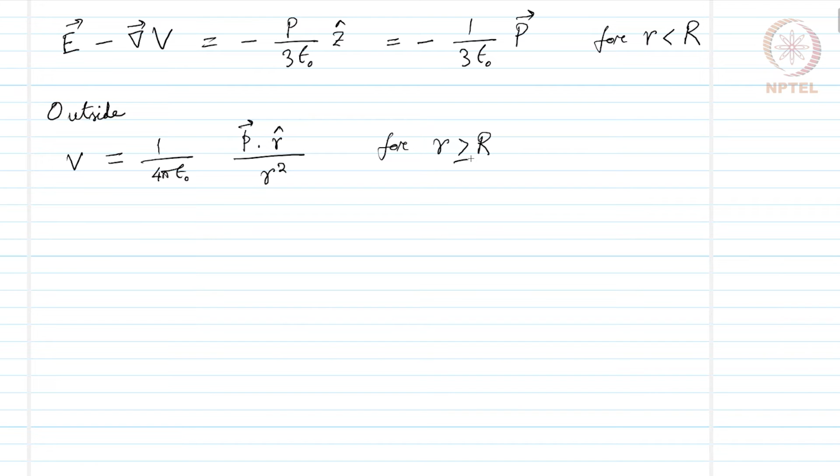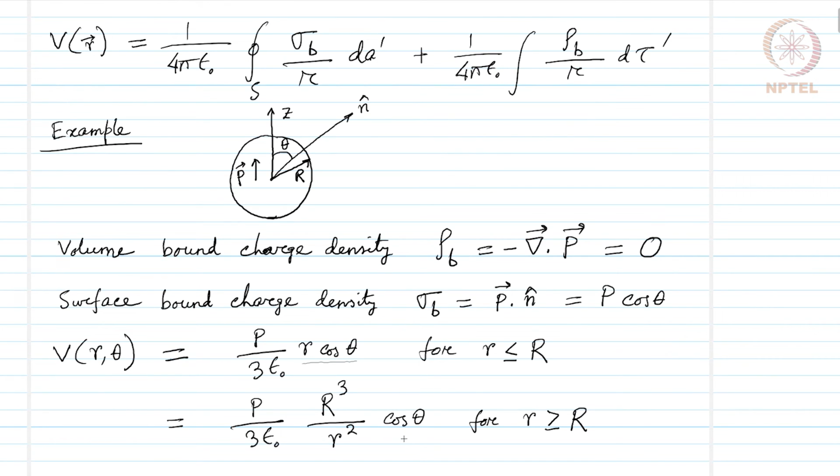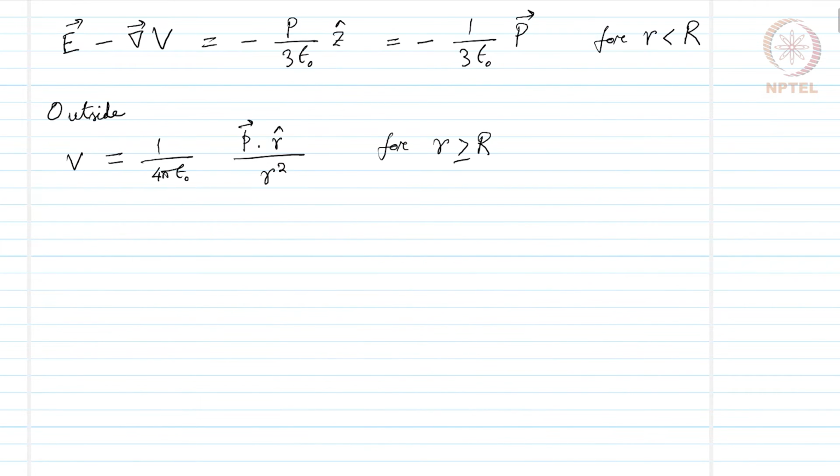If we compare with the equation written here, we can write that in this case the dipole moment vector p is given as 4 over 3 pi R cubed times the polarization P.